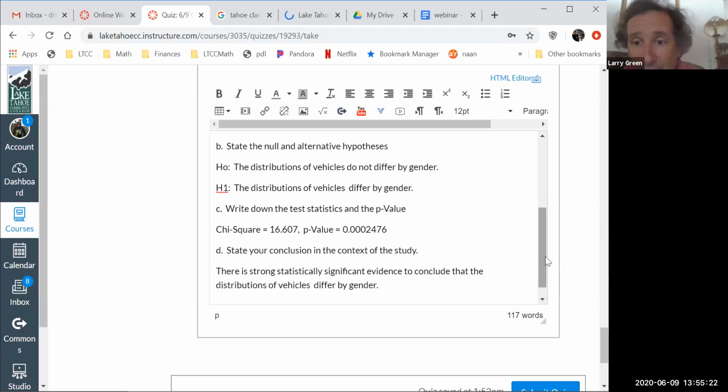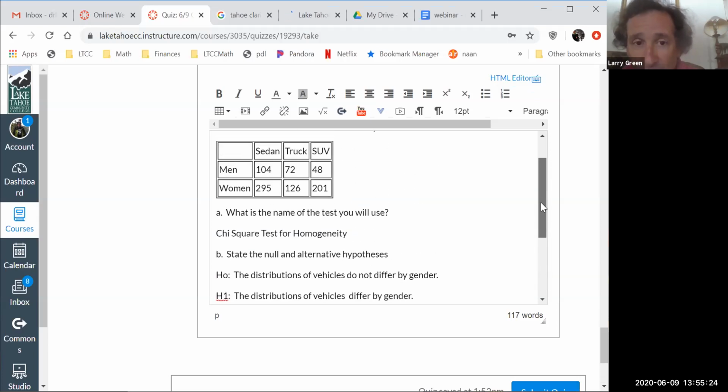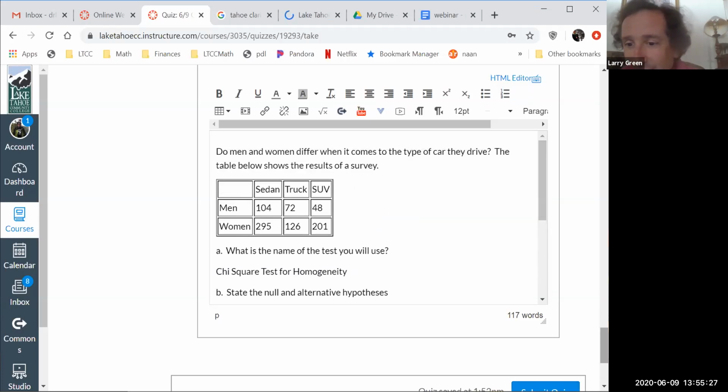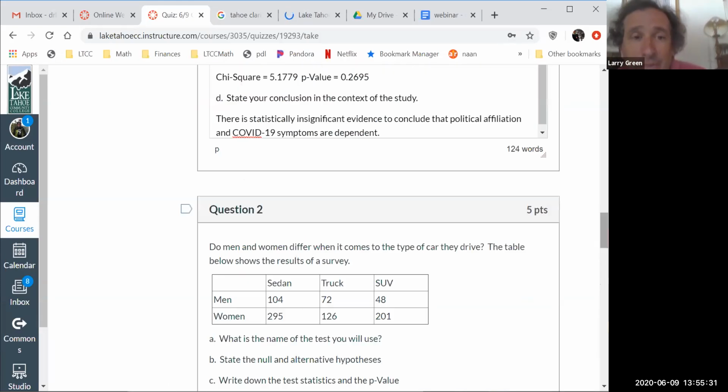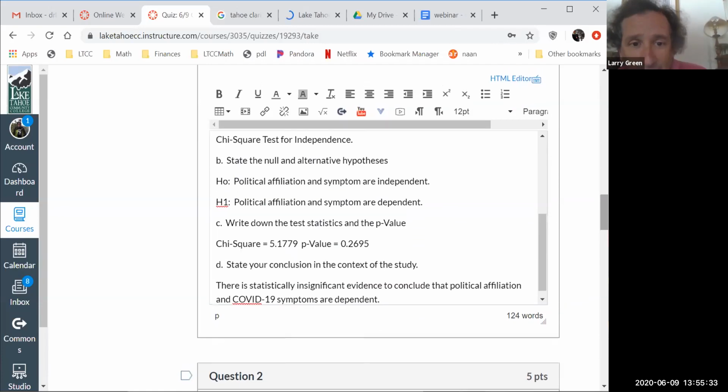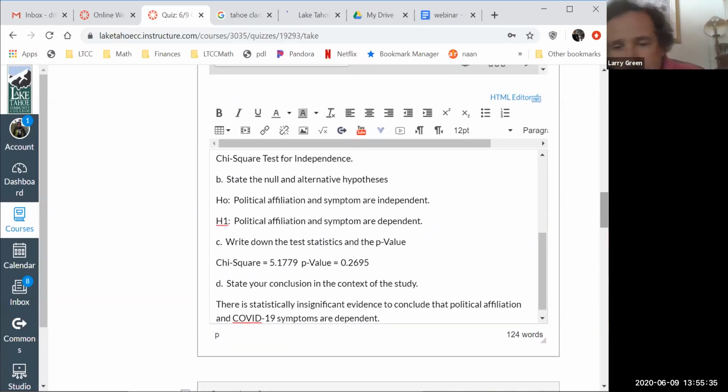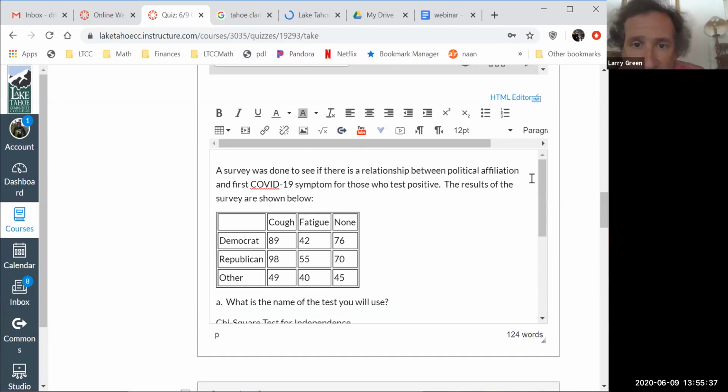On the other hand, if you wanted to study the COVID, okay, by the way, I made these numbers up, but if these numbers were all correct, and you wanted to look at symptoms, do you think you would need to stratify by political affiliation if you were doing a statistical study?